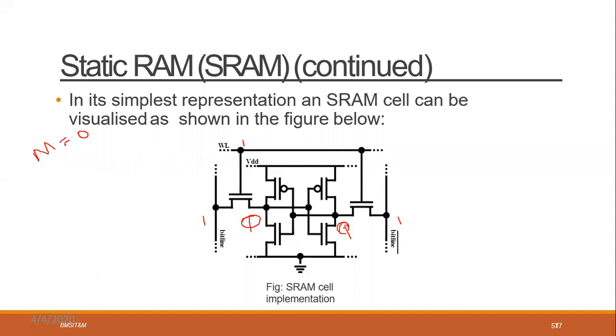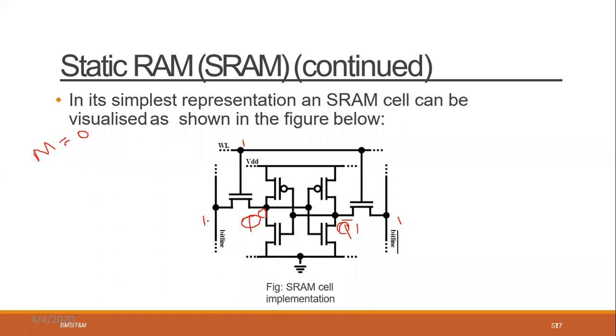Now Q will be 0 and Q bar will be 1, because we are assuming this memory contains value 0.